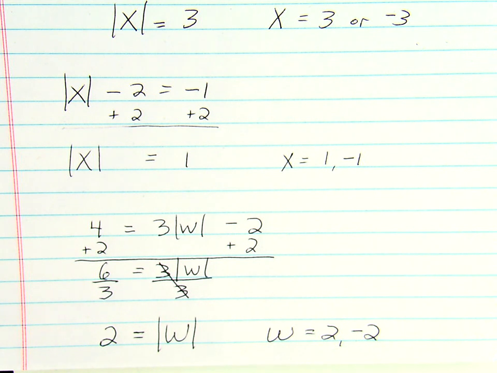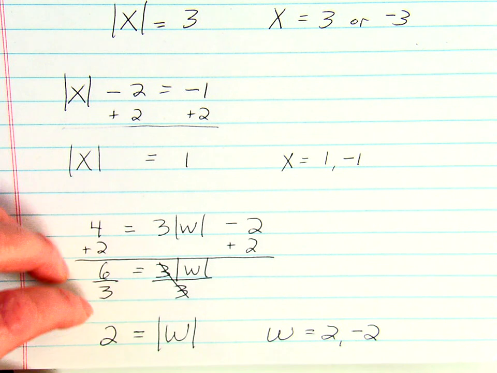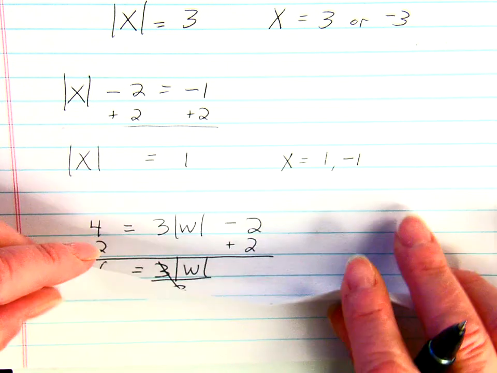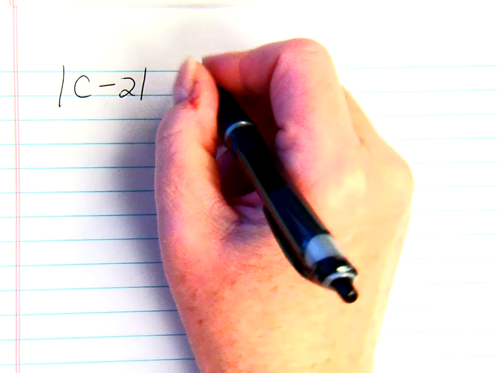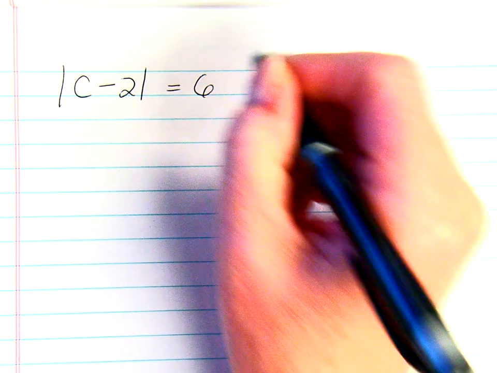But we now are going to expand what is inside our actual absolute value symbol. And that makes it a little bit more difficult. So I'm going to start here. We're going to look at a problem that is the absolute value of c minus 2 equals 6.